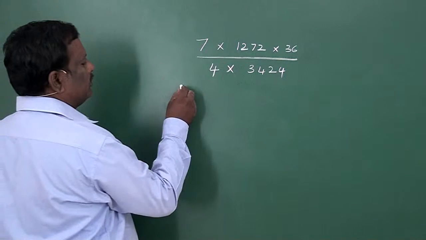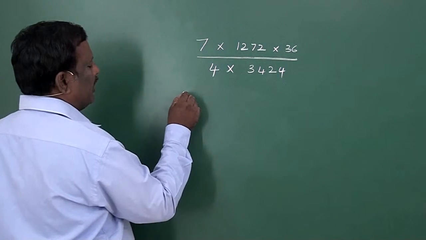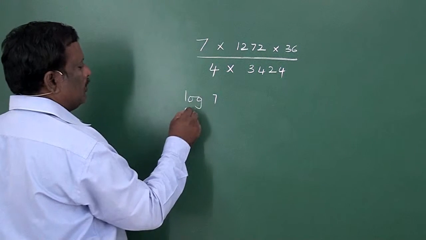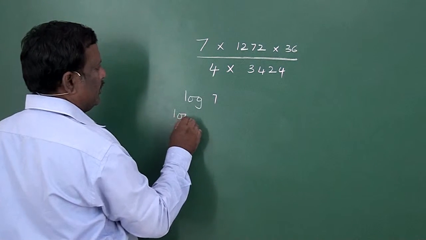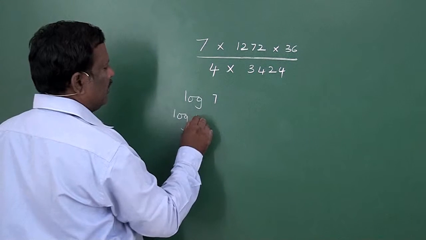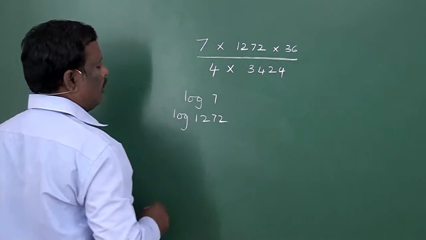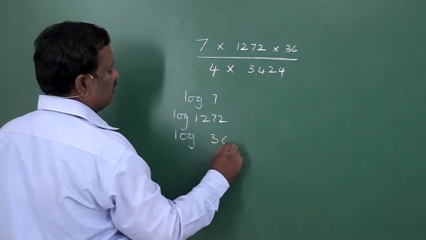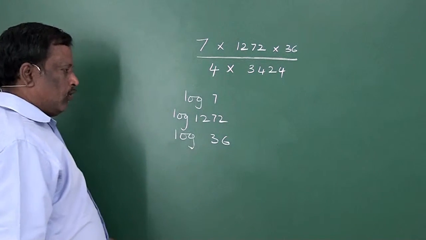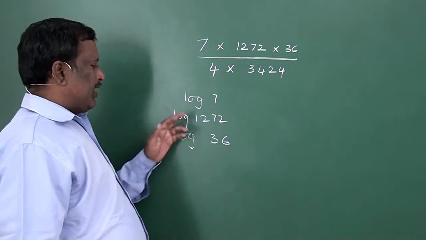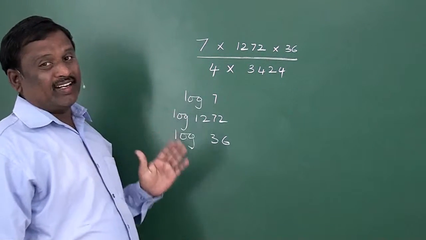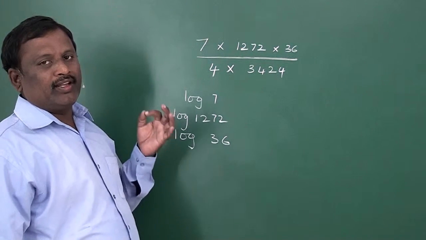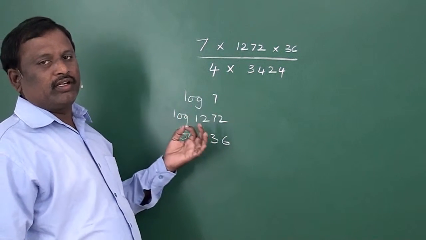Now the 3 numbers in the numerator which you have to multiply are 7, let it be log 7, 1272, let it be log 1272, and the third one is log 36. We already know that in a log value you have the characteristic and mantissa. The value of the characteristic depends upon the number of digits present in that numerical.